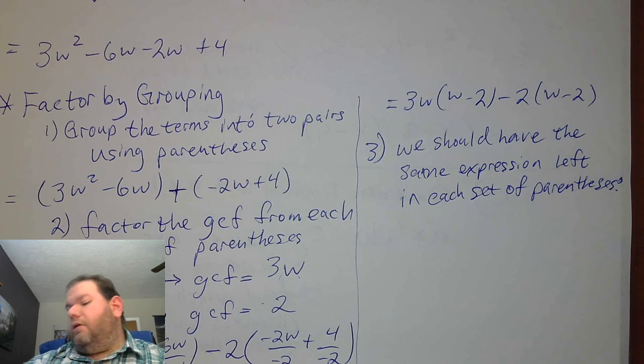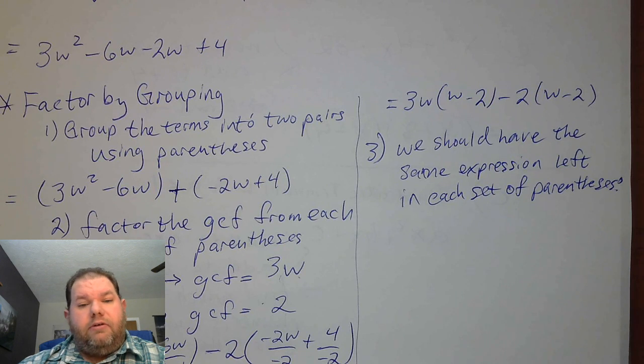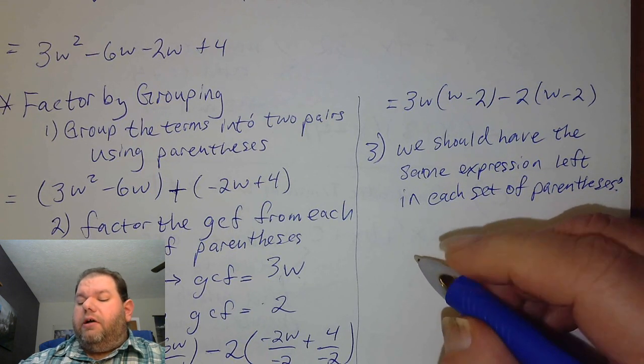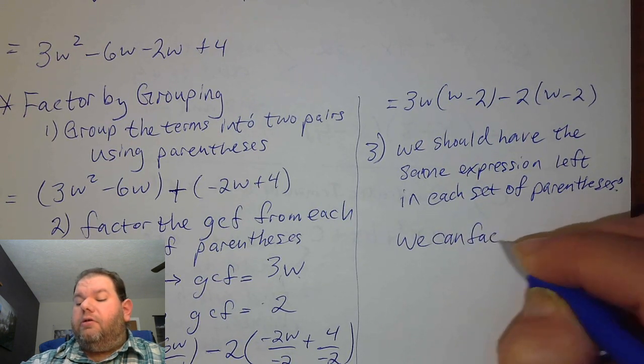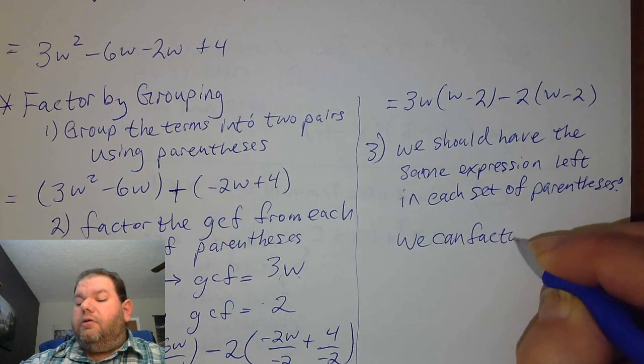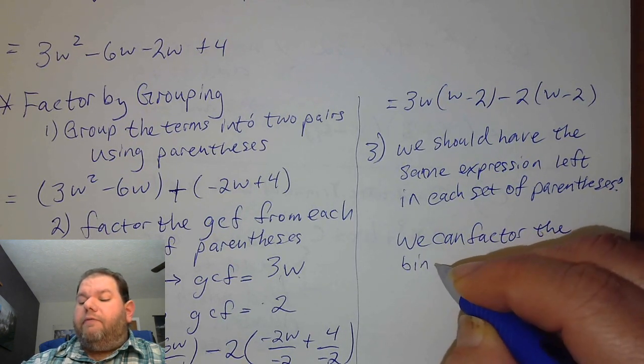And because we have the same expression left over in each set of parentheses, we can factor that out. Now, this is a little bit strange because now we're factoring a binomial. So we can factor the binomial they have in common.